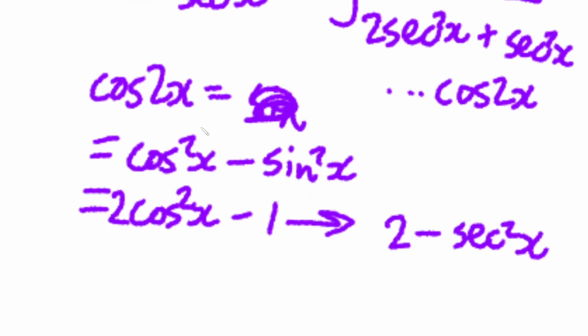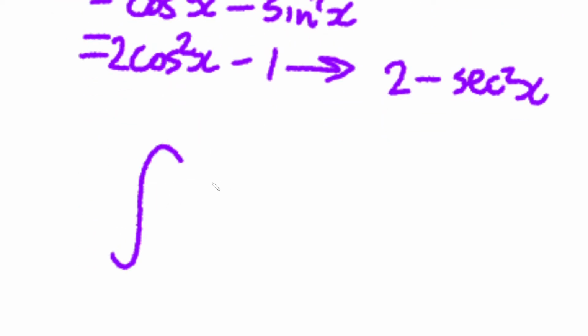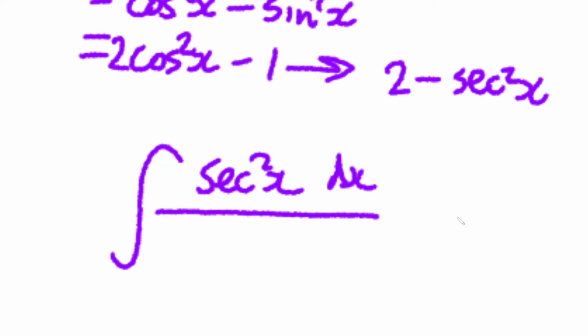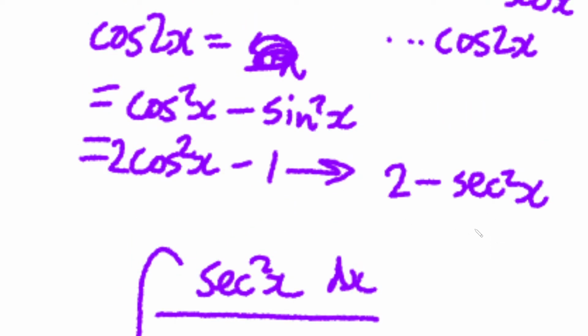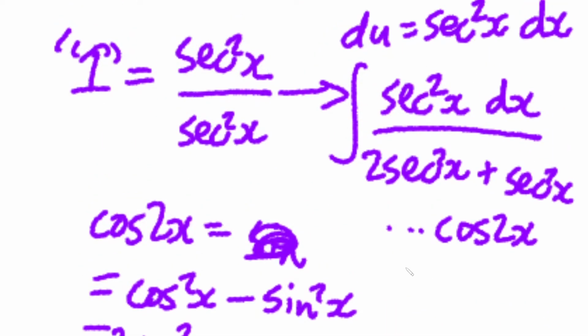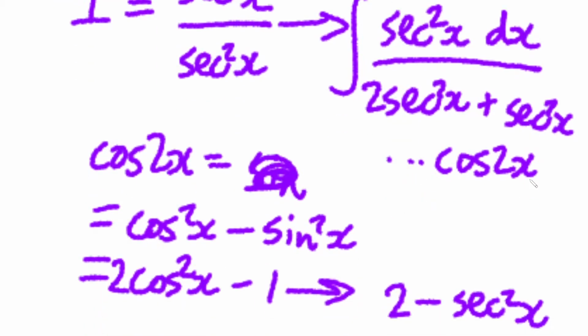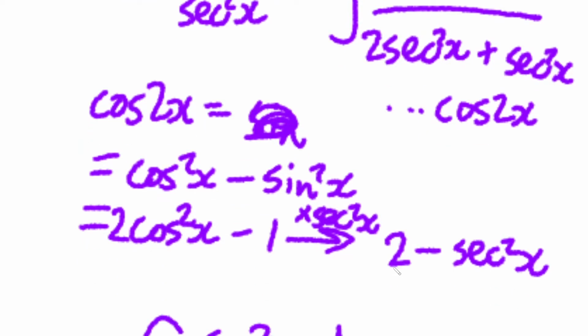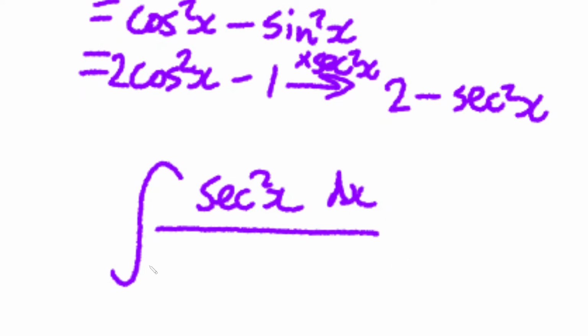So overall, you're left with the integral of secant squared x dx over 2 secant squared x plus secant squared x cos 2x, which, if we take the substitution, is 2 minus secant squared x.